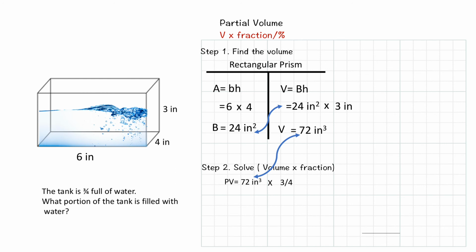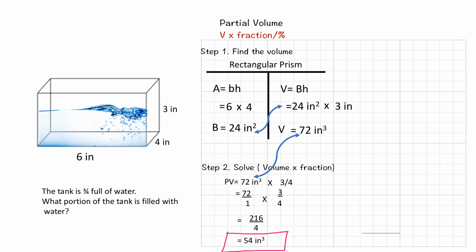That can also be written as 72 over 1 times 3 over 4. Now please pause the video and try to see if you can solve this equation. Okay, so 72 times 3 is 216 and 1 times 4 is 4. And 216 divided by 4 is 54 inches cubed.